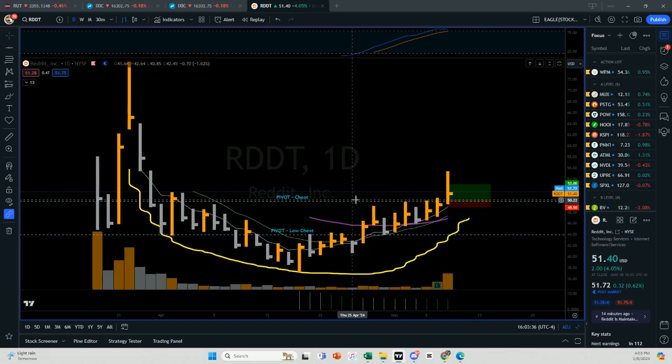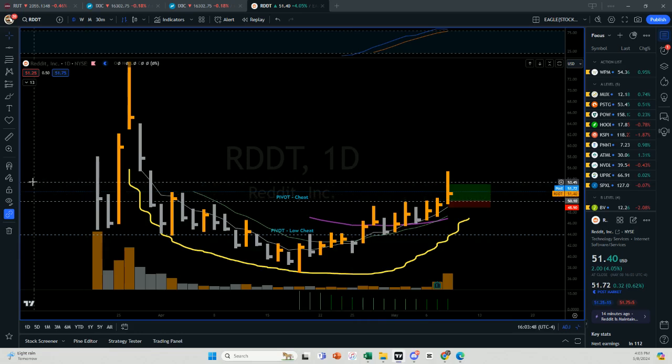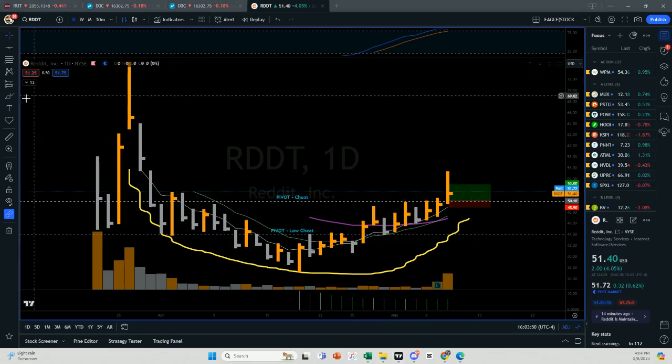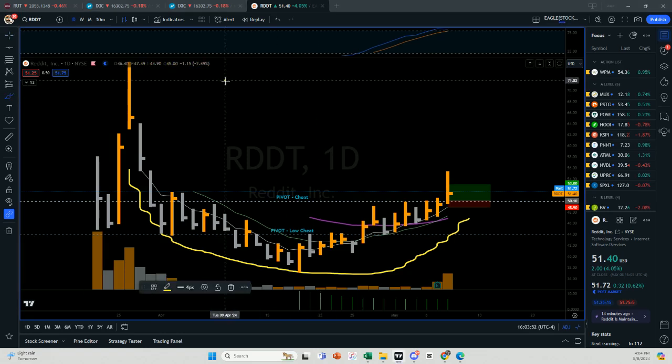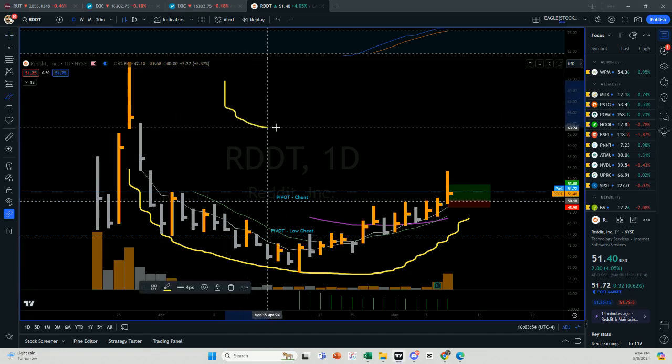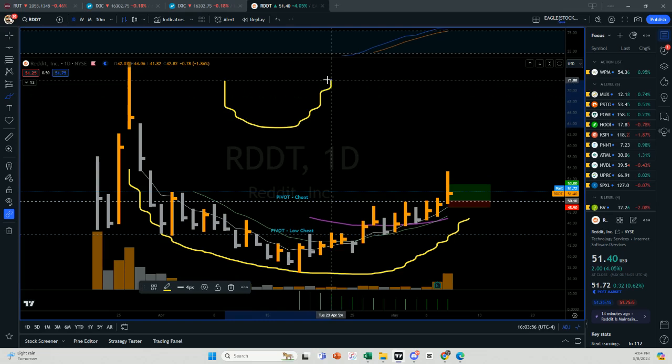If you're familiar with Mark Minervini's work, he talks about cheats and low cheats, and they're basically ways to get in early on a cup-shaped base. Because what happens with a normal cup, not a cup with handle, is you end up with this U-shaped pattern, and it breaks out near the top.